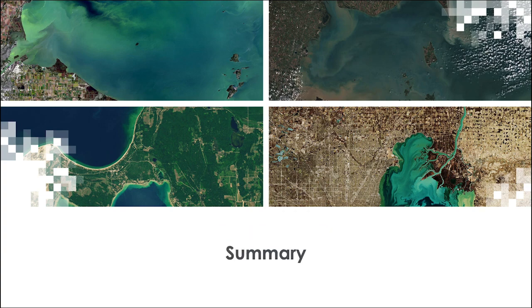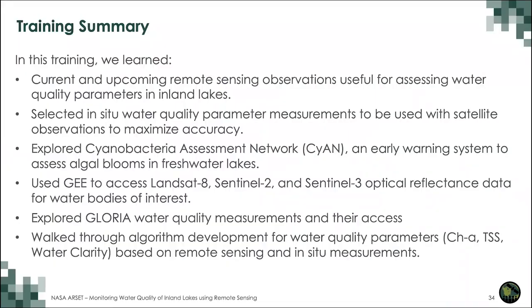Before you start working on that, let's summarize what we learned in this training. So in this training, we learned current and upcoming remote sensing observations useful for assessing water quality parameters in inland lakes. We want to say inland lakes because we mean freshwater lakes here, as opposed to coastal lakes or lagoons, which are brackish. So that's not what we are talking about.